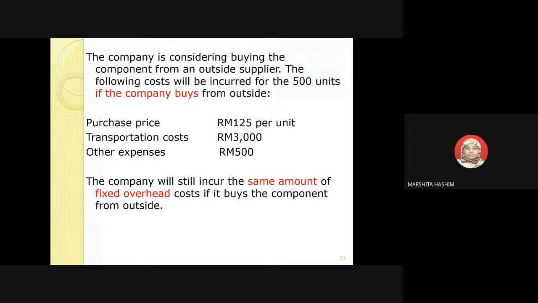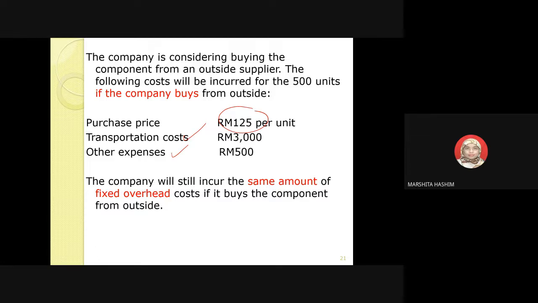The company is considering buying the component from outside supplier. The following costs will be incurred for 500 units if the company buys from outside. If you buy, you have to pay purchase price 125 per unit, and then transportation costs, other expenses.